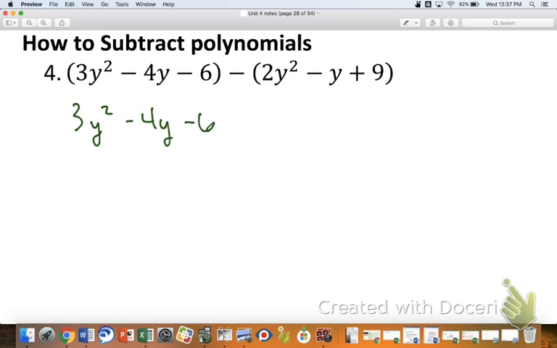So the way I handle it is I distribute the minus sign to all of it. I'm not subtracting the first, second, or third term; I'm subtracting all of them. So this would be minus 2y squared plus y minus 9. Once you've gotten to that place, like we did before, you combine and add your like terms. So take a minute and do that, and that'll be that for the day.